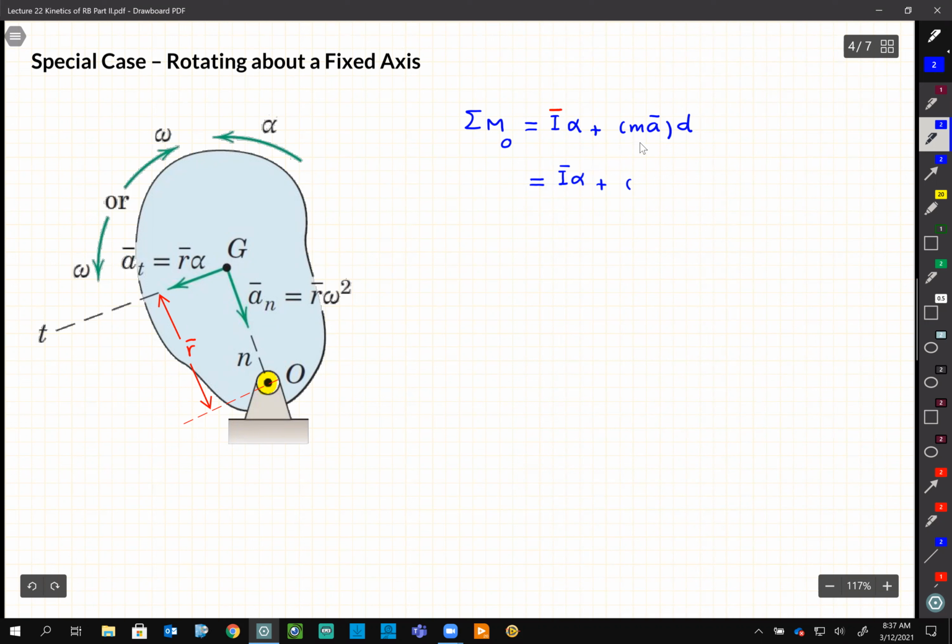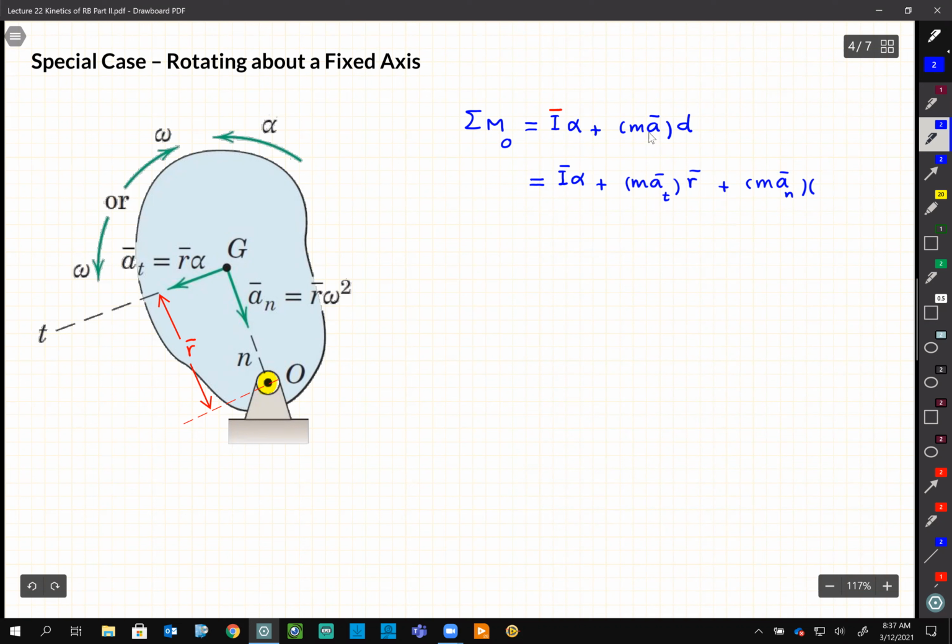Let's write it down one more time: M A bar T multiplied by distance. What is this distance? It's R bar. Plus M A bar N. What is the distance for A bar N? You can type it in the chat for me.